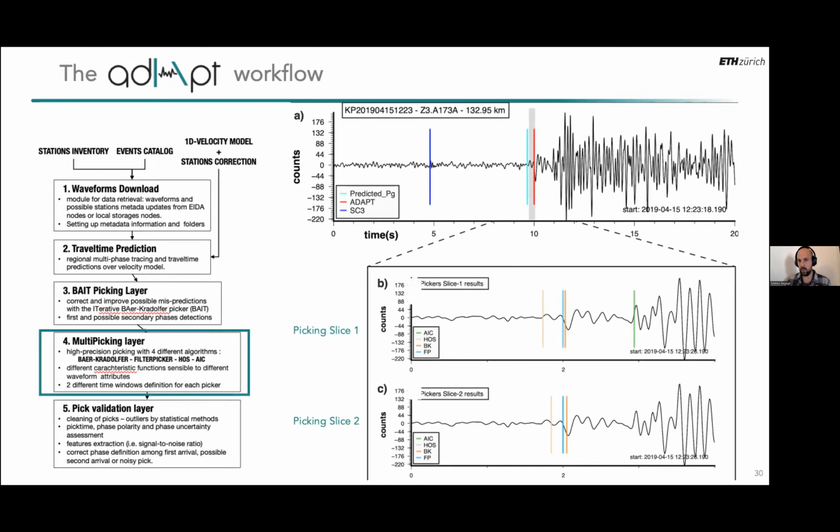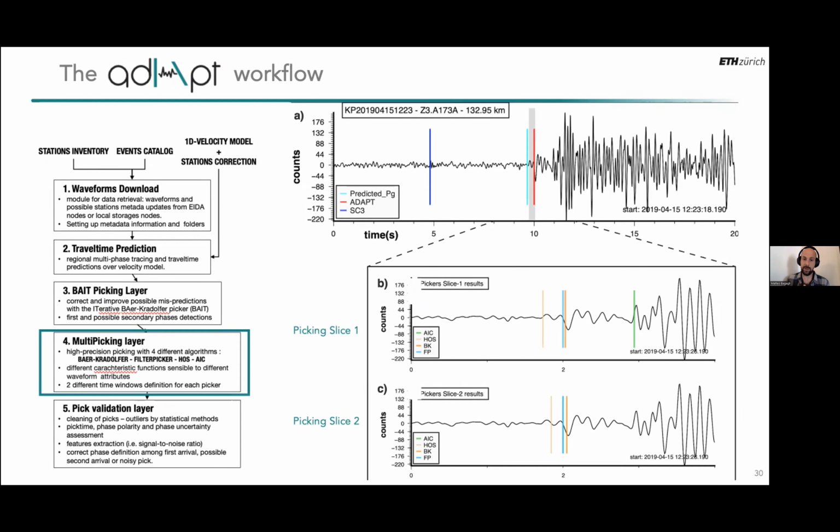We provide different time windows to each individual picker in order to accommodate their inner properties and their way of seeing these changes.